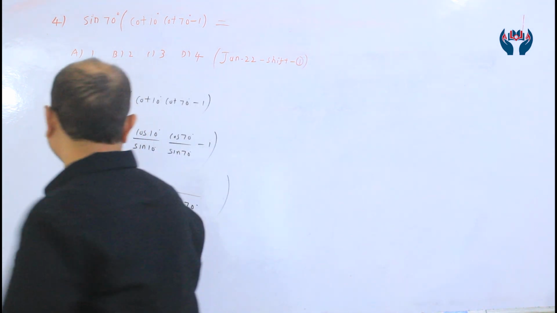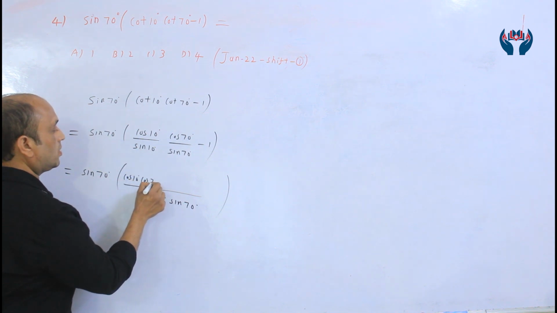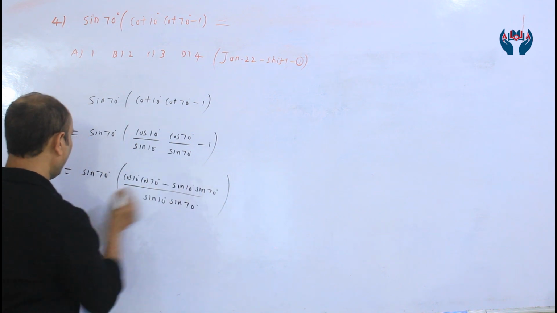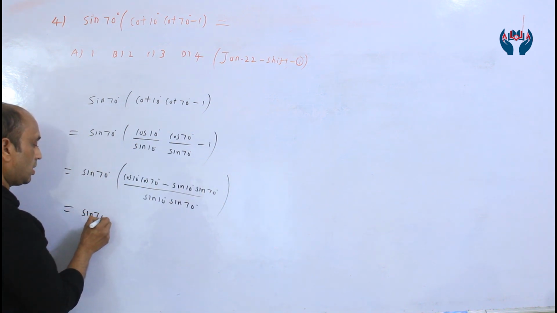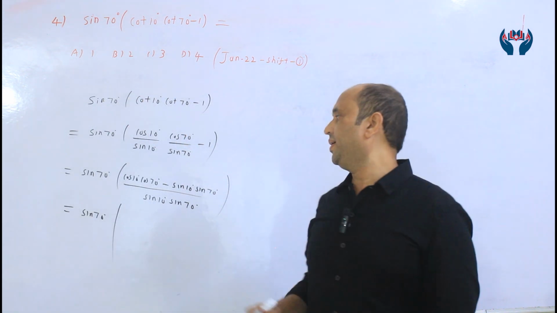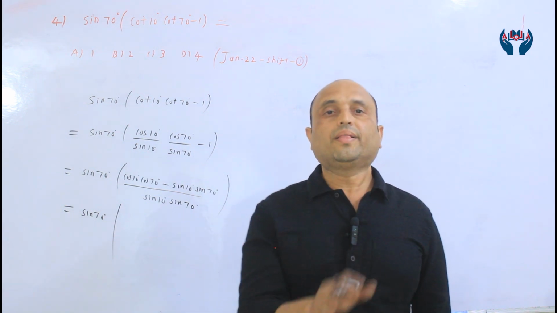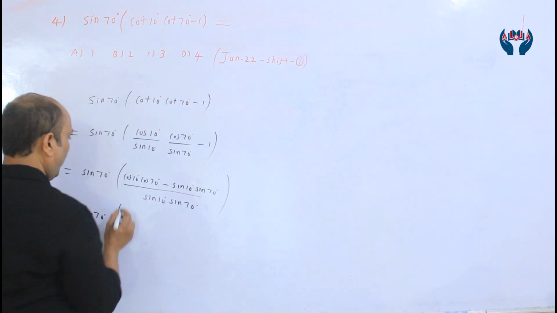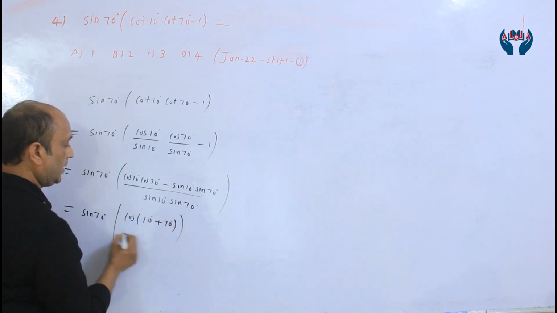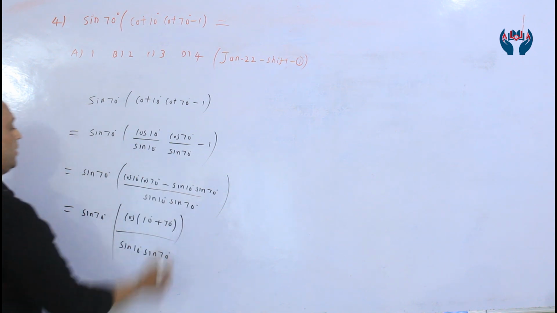After the LCM, we simplify: cos 10 cos 70 minus sin 10 sin 70. This is in the form cos A cos B minus sin A sin B, that is cos of A plus B, so cos of 10 degrees plus 70 degrees, by sin 10 degrees sin 70 degrees.